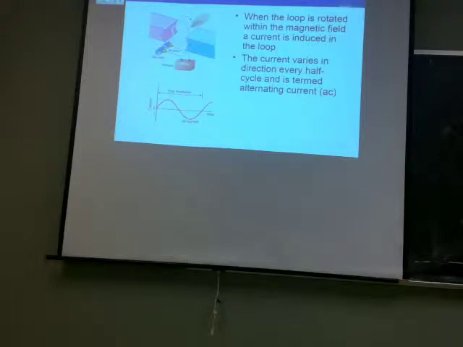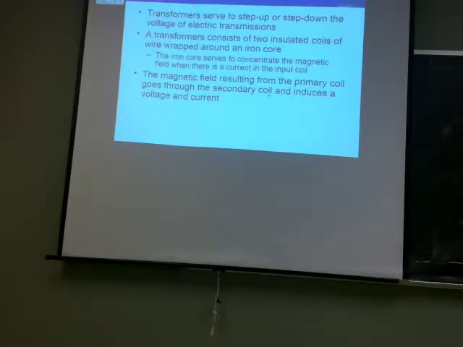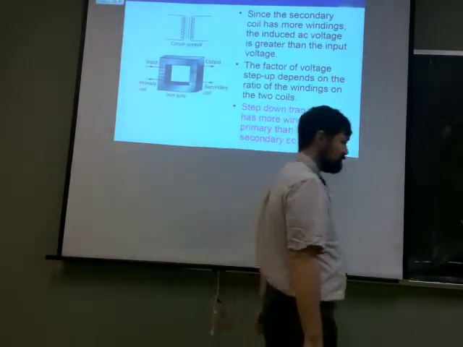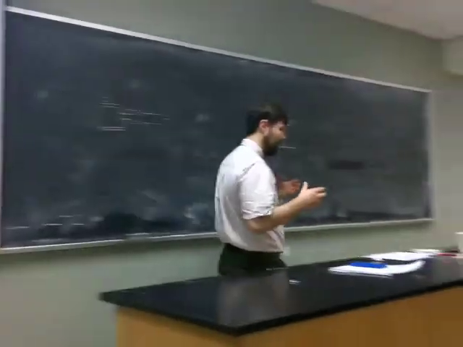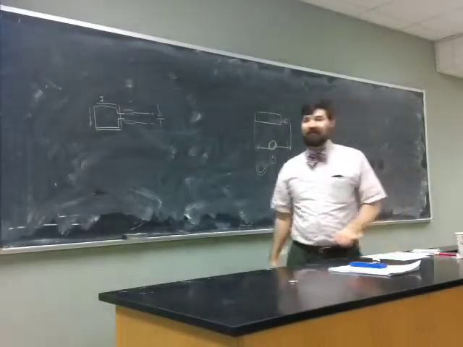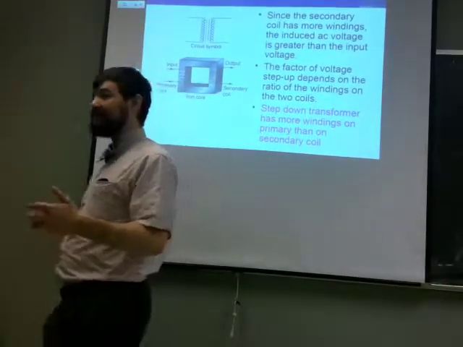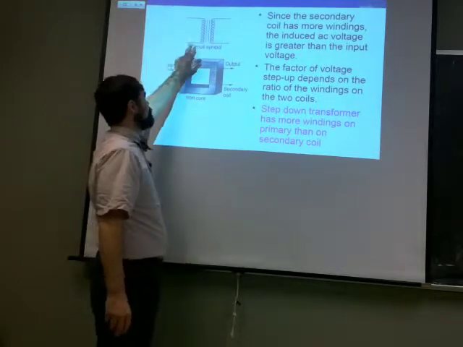So you end up getting an AC current, as it turns out. Transformers, the last piece, the last device, basically do this. You have a pair of coiled wires next to each other, and you run an AC current through one of the two wires, say this one, your primary.